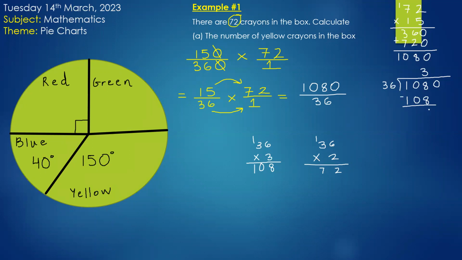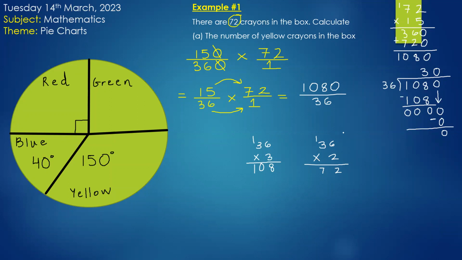108 subtracted from 108 is going to be 0. And so we are left with what? Bring down the 0. How many times does 36 go into 0? 0 times. 36 times 0 is 0. And 0 minus 0 is still 0.